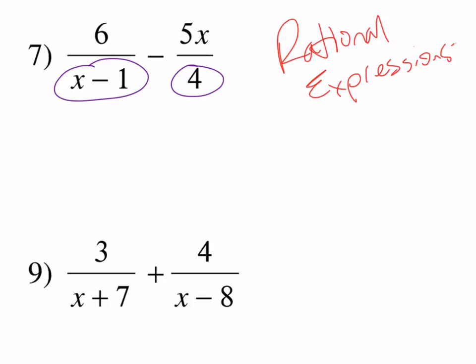The way I'm going to go about this is I'm going to multiply this first rational expression by 4. Because that one is missing the 4 that's already there on that second rational expression. And then this 4 is missing x minus 1. So do you see what I did there? See how both denominators are now the same? So it's 4 times x minus 1 and 4 times x minus 1. Now the denominators are the same.